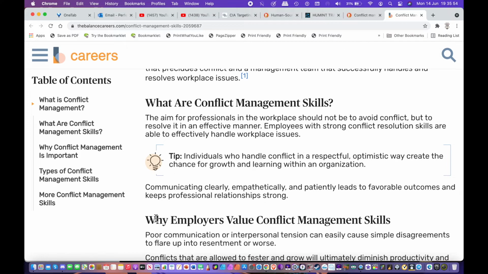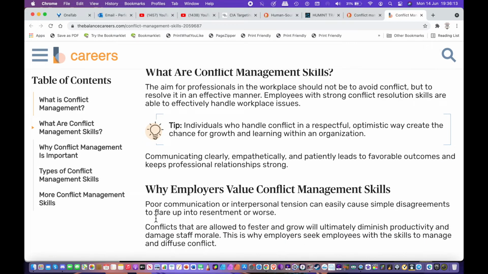The aim for professionals in the workplace should not be to avoid conflict, but to resolve it in an effective manner. Employees with strong conflict resolution skills are able to effectively handle workplace issues. Tip: individuals who handle conflict in a respectful, optimistic way create the chance for growth and learning within an organisation.